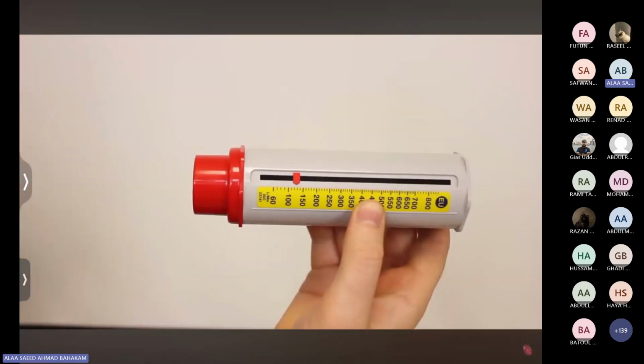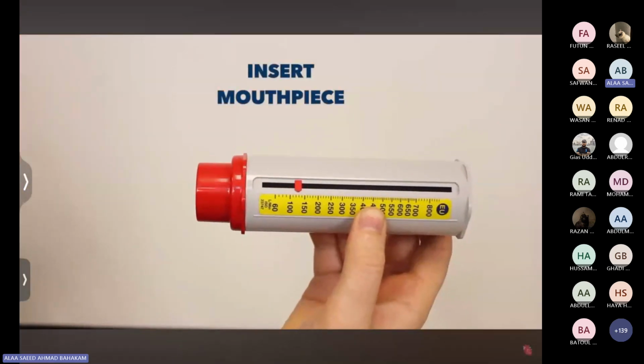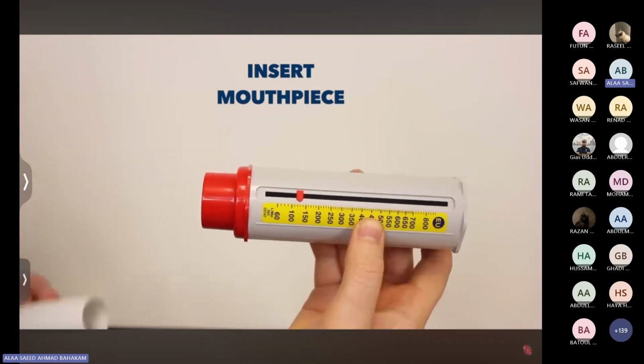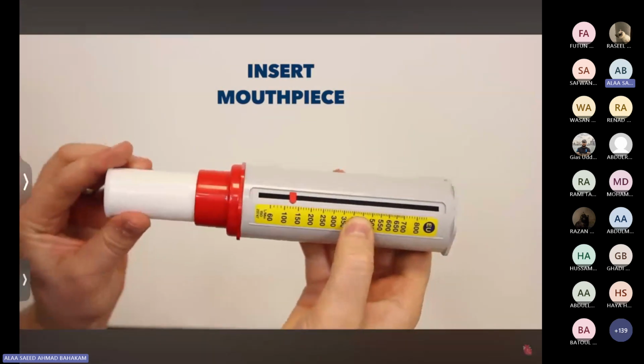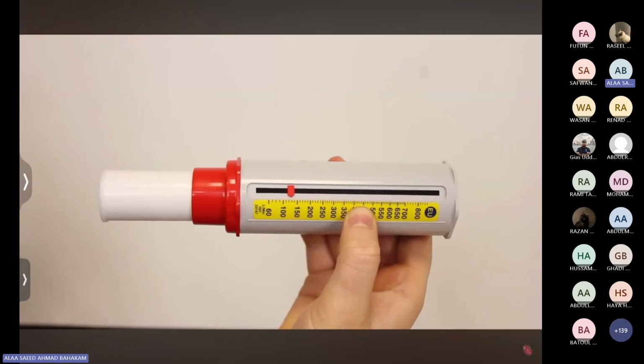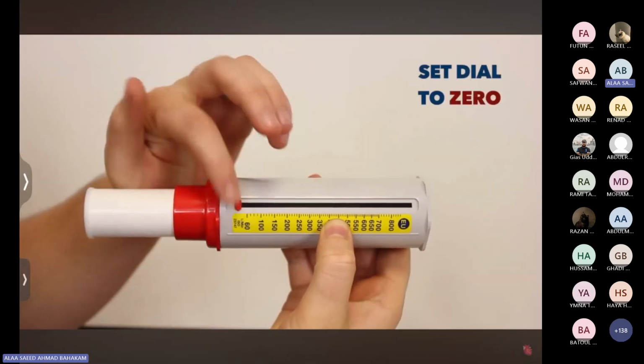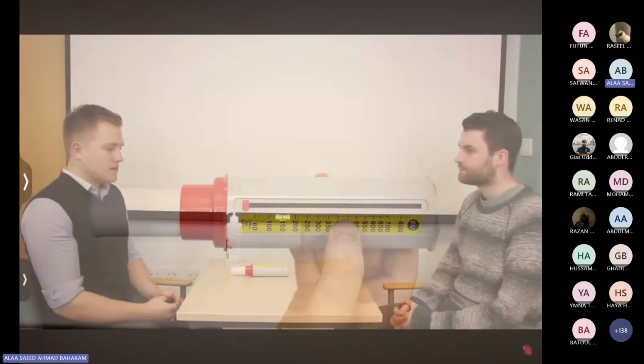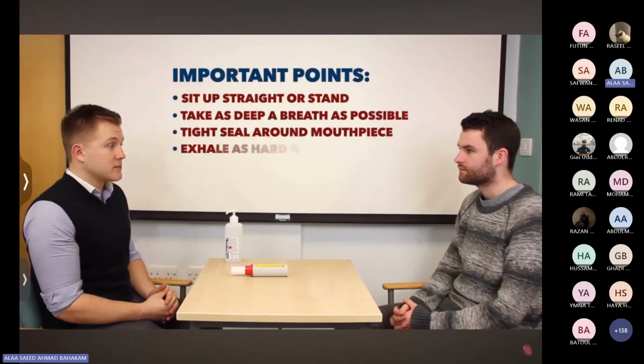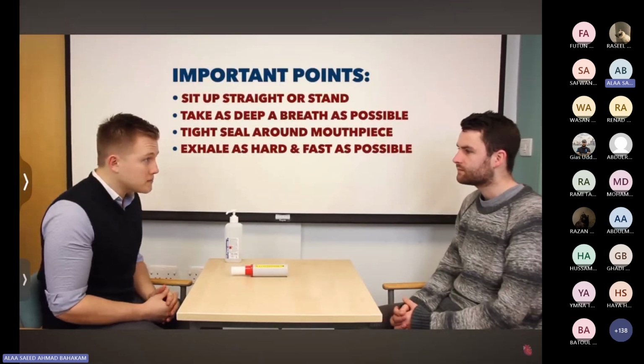Okay, Simon, in terms of setting up the equipment, the important aspects are to ensure that the mouthpiece is inserted into the peak flow meter, and to ensure that the dial is set to 0. Now that you've got your equipment set up, Simon, there are some important aspects of the technique to remember.